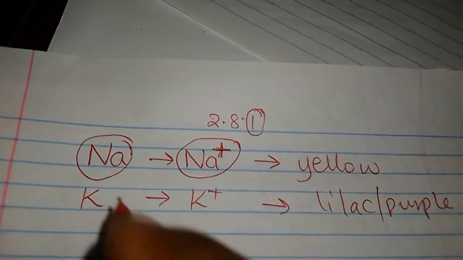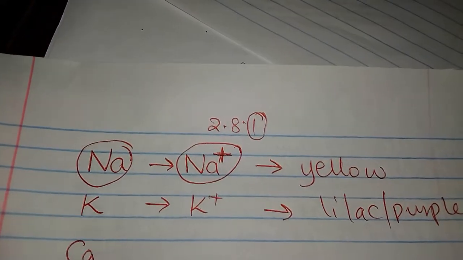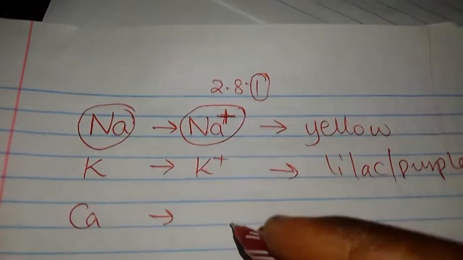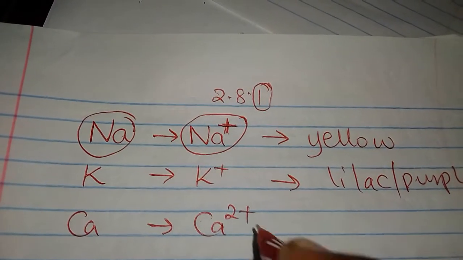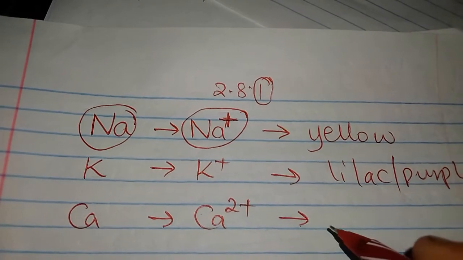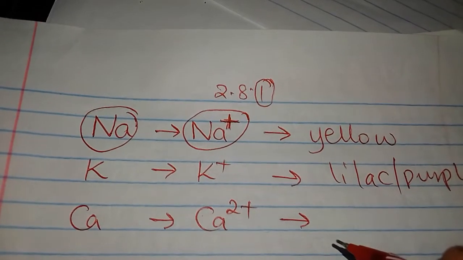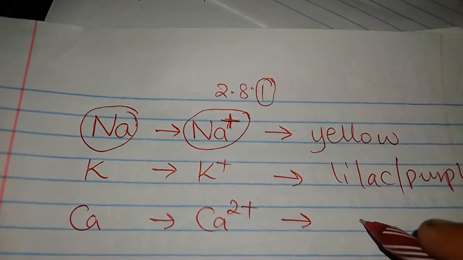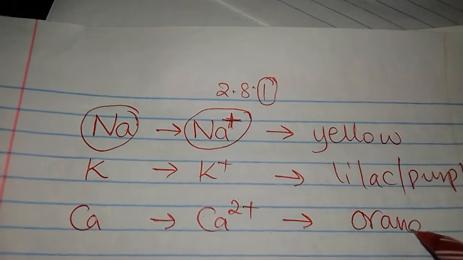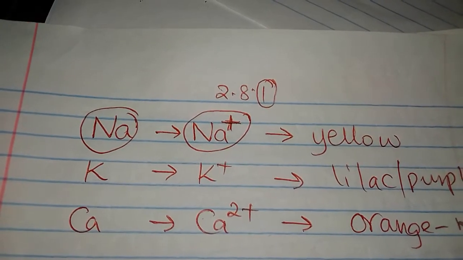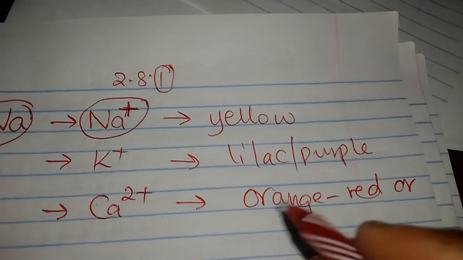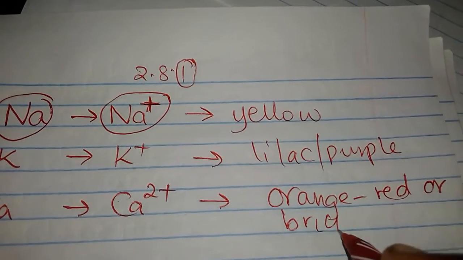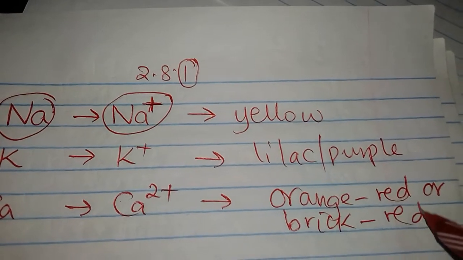If it is, let me say, calcium, a group 2 element, I expect to see an orange-red, or preferably you can say brick red color.